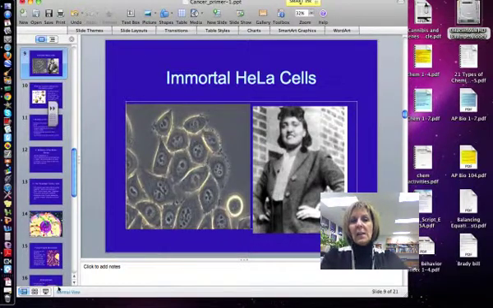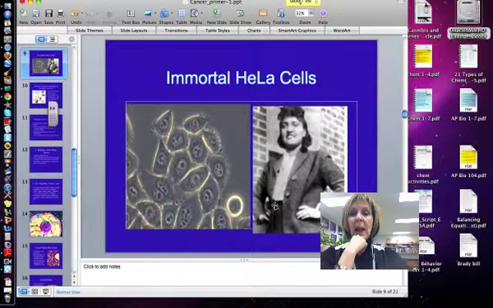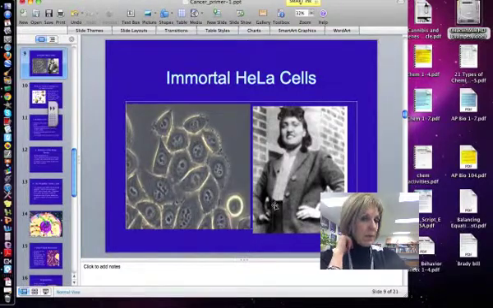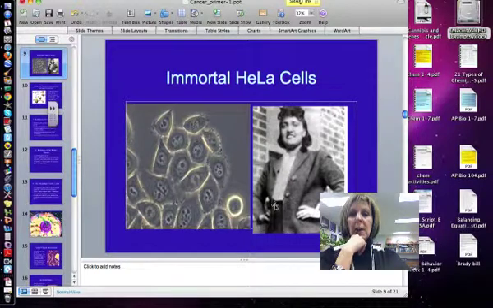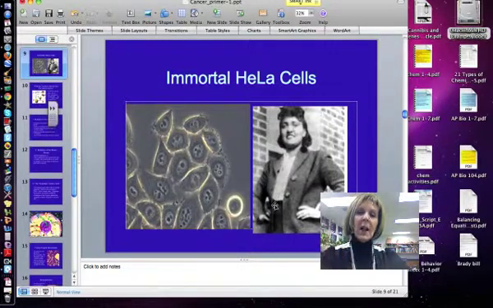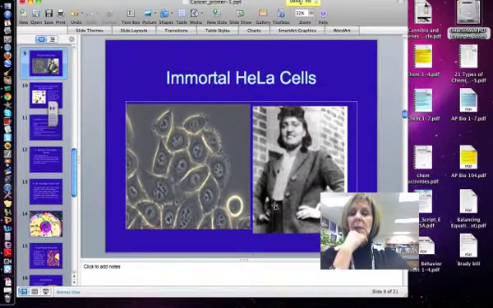And Henrietta Lacks was a poor African-American woman in the 1950s that lived in the South, and she developed cervical cancer, went to her doctor, and the doctor took a sample of her cervical cells for a biopsy, which they normally do. And at that time, this was actually at Johns Hopkins Hospital down in Baltimore, they attempted to culture these cells in an attempt to learn more about cancer.